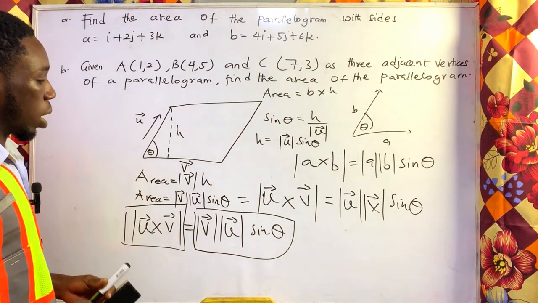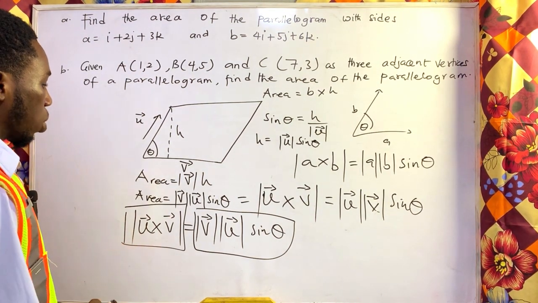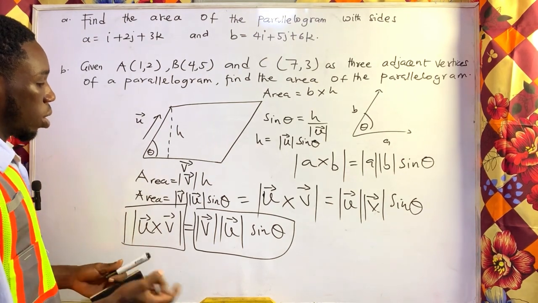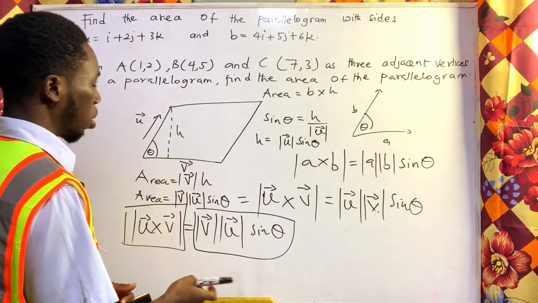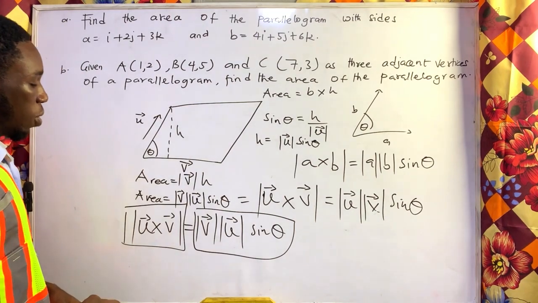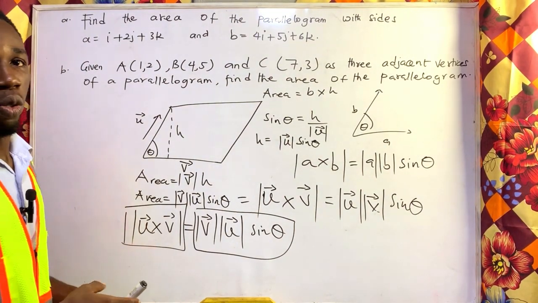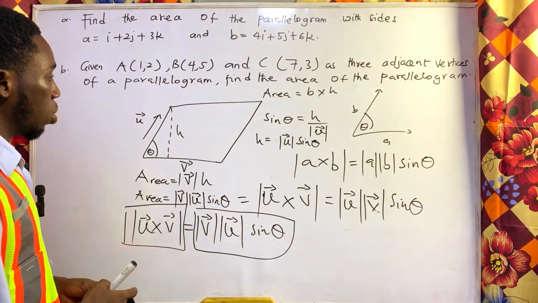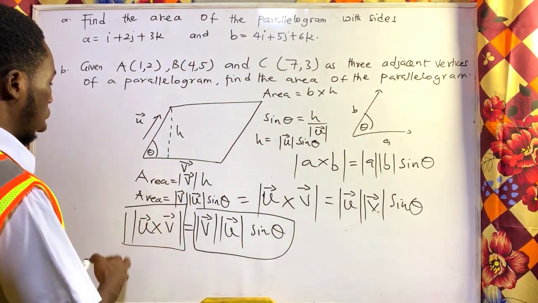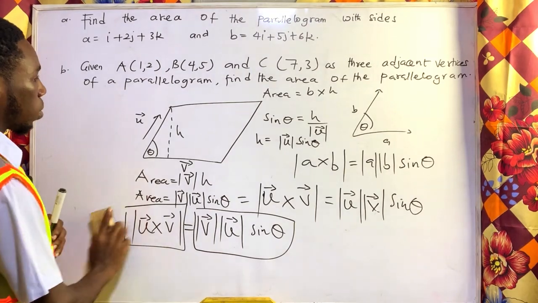So this is the formula that you are going to be using. If you are given the magnitudes of the vectors and the angle, you can use this formula. But if you are given just the vectors, then you can just take the cross product of the two vectors and find the magnitude of their cross product.